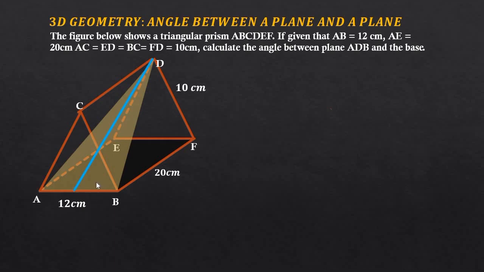Similarly, the other line lying on ABFE, that is the base, also meets the same edge at 90 degrees. Another thing worth noting is that these two lines also bisect the edge AB. Alright, so the two lines meet at an angle. Now that angle, say theta, is the angle between the two planes.